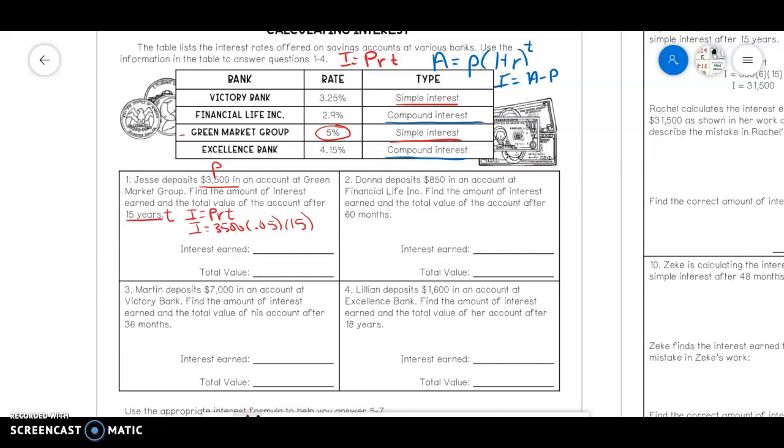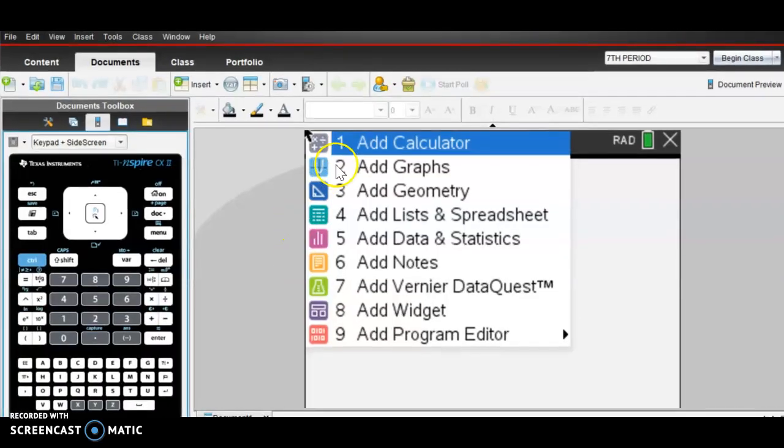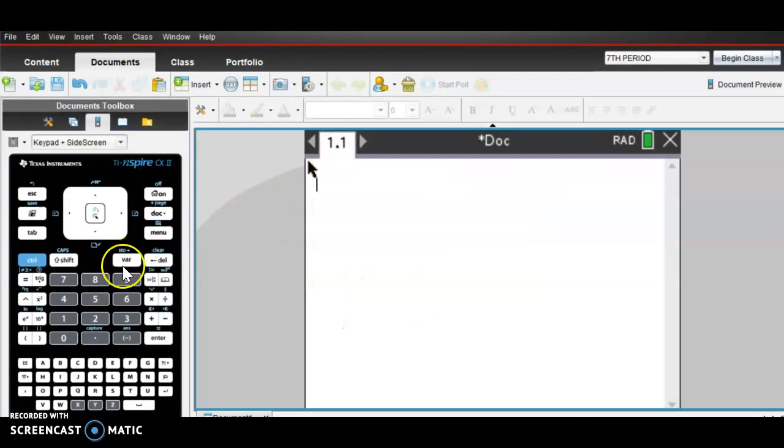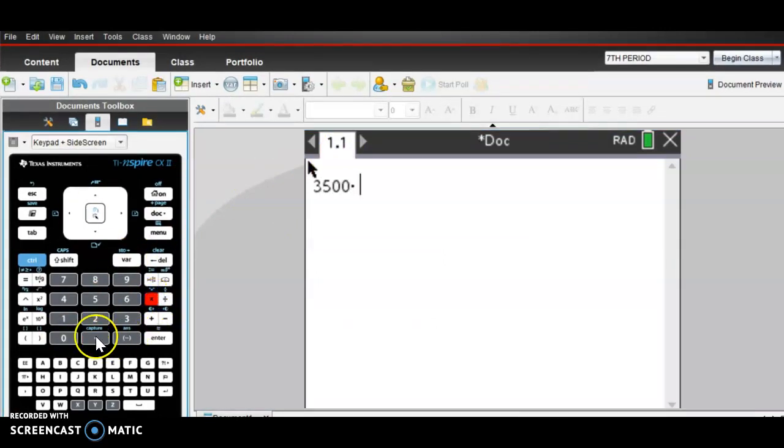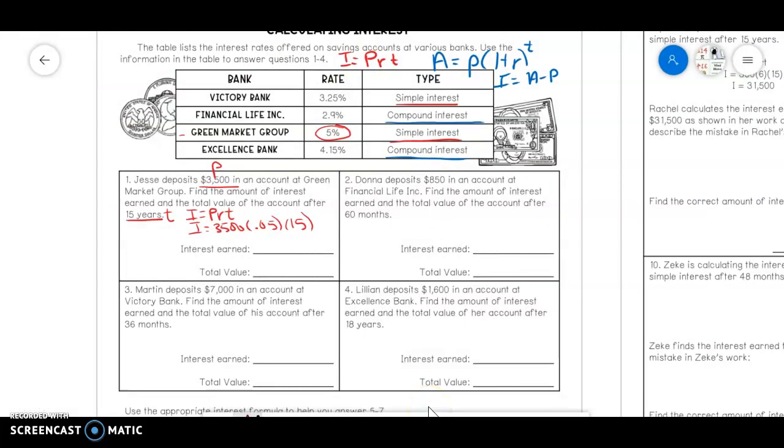If you have not opened your calculator yet or you do not have it handy, I would do that here. We're going to go ahead and use this information. So 3,500 times 0.05 times 15 gives us an interest of 2,625. So I'm going to come back, I'll write that in, 2,625.